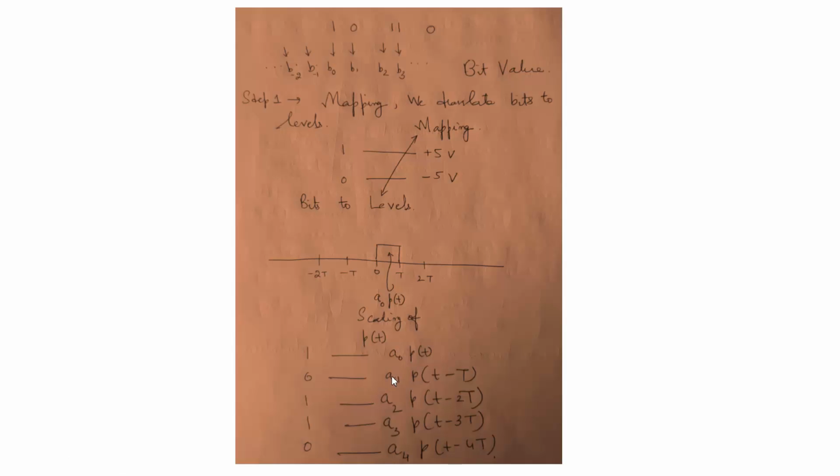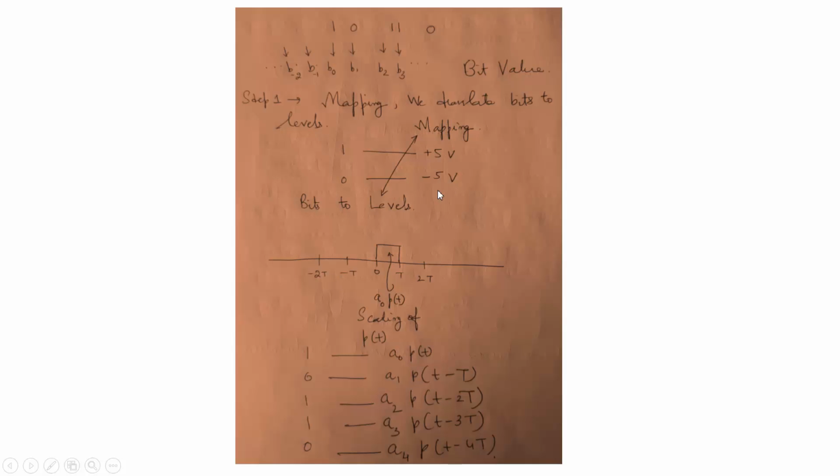So these a0, a1, a2, a3, a4 are the amplitudes. In our case, at present, it is either plus 5 volt or minus 5 volt. The pulse shape will be multiplied with these voltages, because 1 is represented with plus 5 volt and 0 with minus 5 volt.